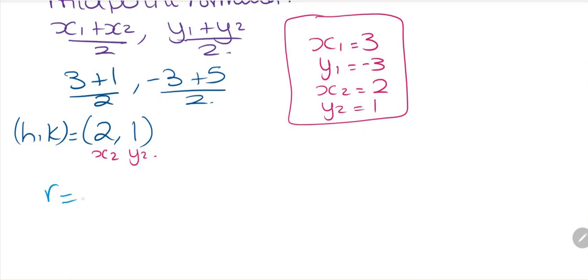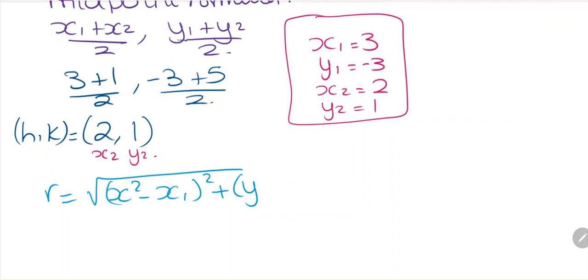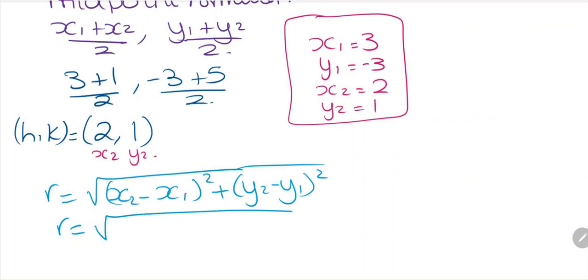So radius is equal to the square root of (x2 minus x1) squared plus (y2 minus y1) squared. So substituting in the values, we got x2 is 2 minus 3 squared, y2 is 1, and y1 is minus 3.